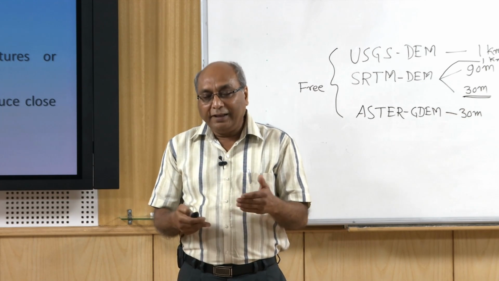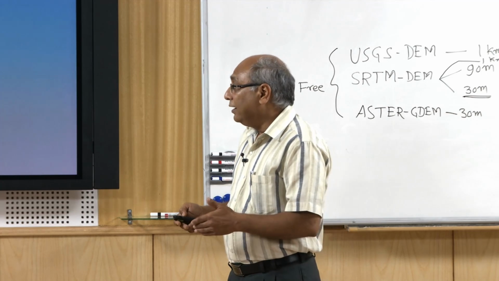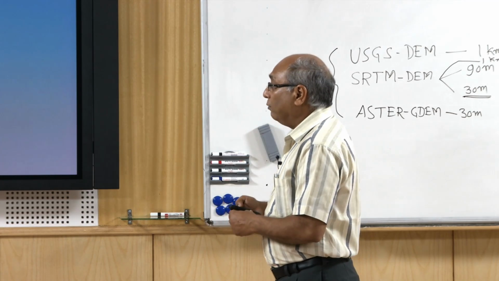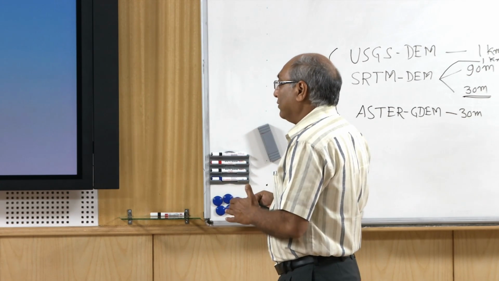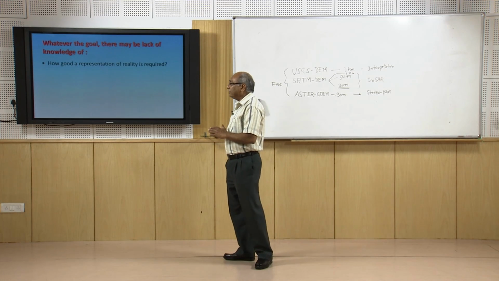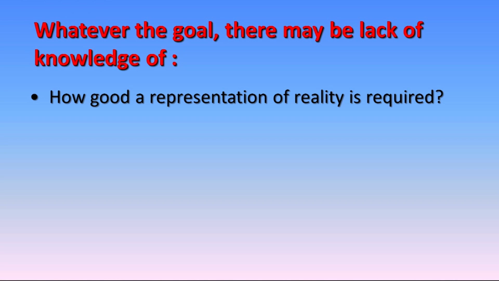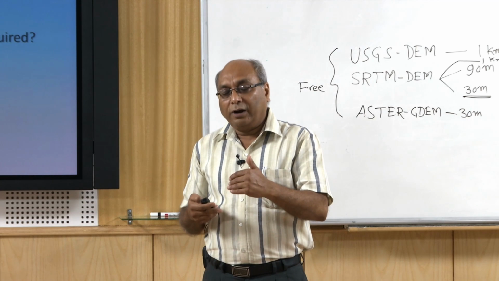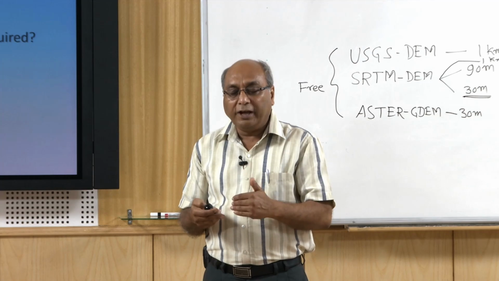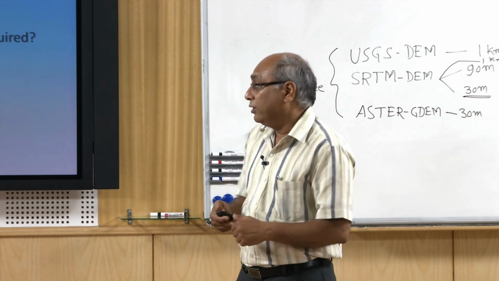So this is basically a sort of sampling or assumption. Whatever the goal, whatever the purpose, there is a lack of knowledge about how good a representation of reality is required, because we do not know for what. If we are very sure for what purpose we are going to use it, then we must know the errors associated with our input data.